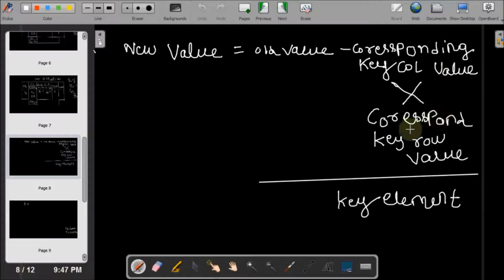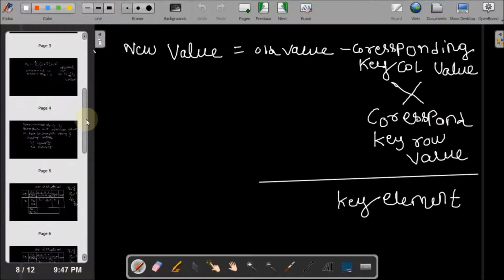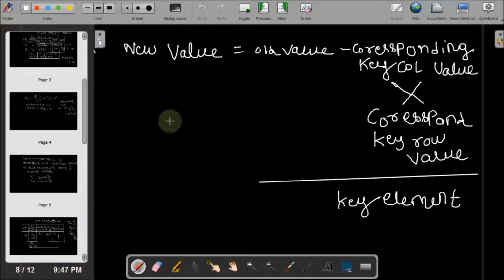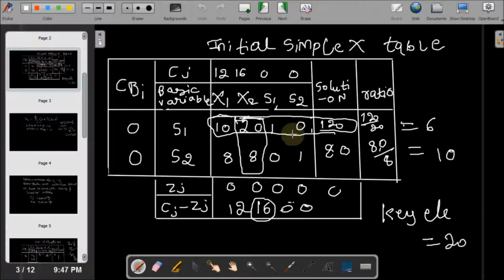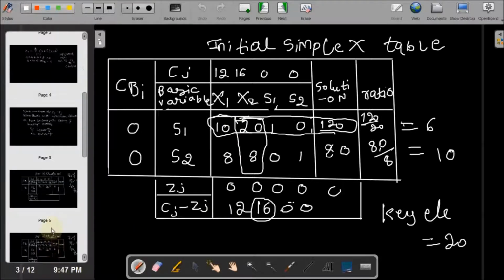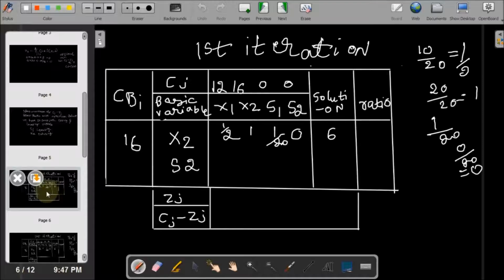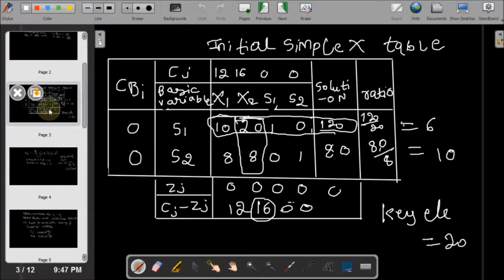Next, what is the into corresponding key row value? How to find out row value? See, very simple. Row value for s2. What is the row value here? Right? So for s2, the row value is 10 here. For s2, the corresponding row value is what? 10.